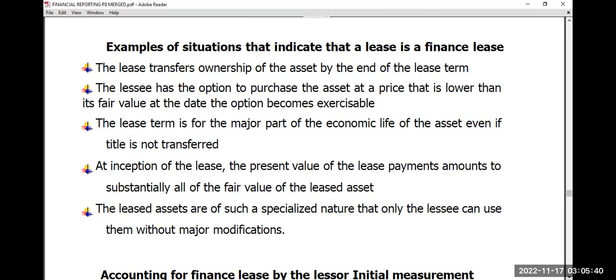The last one, maybe we can look at the leased asset being of such a specialized nature that only the lessee can use it without major modifications.